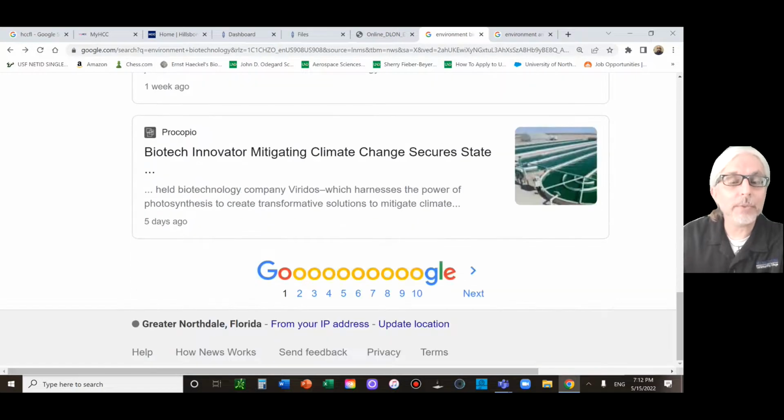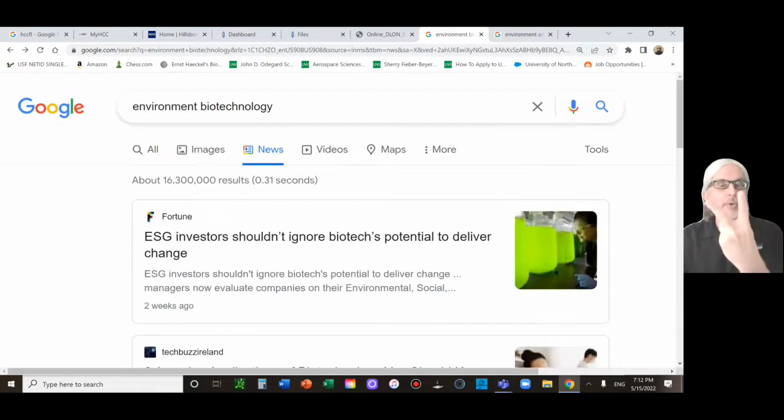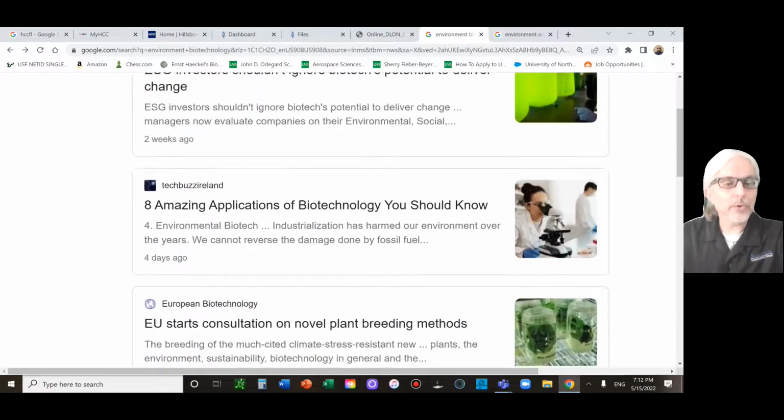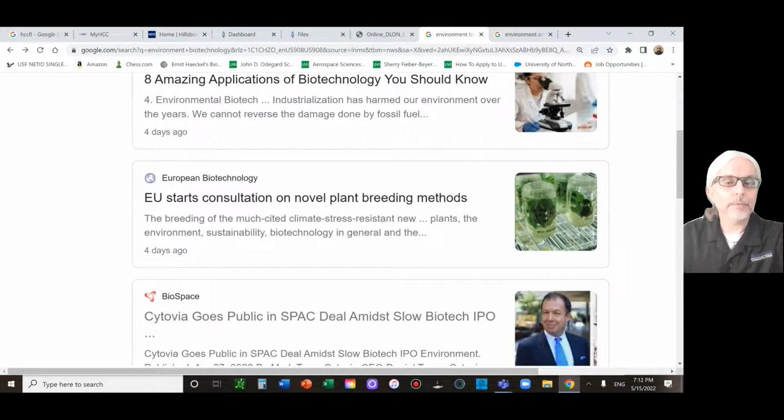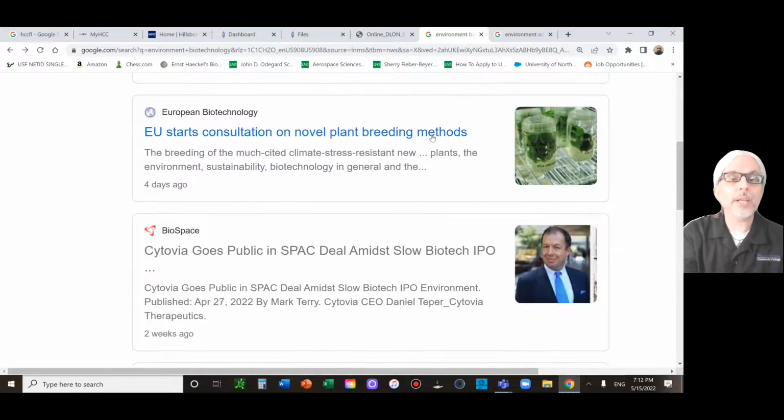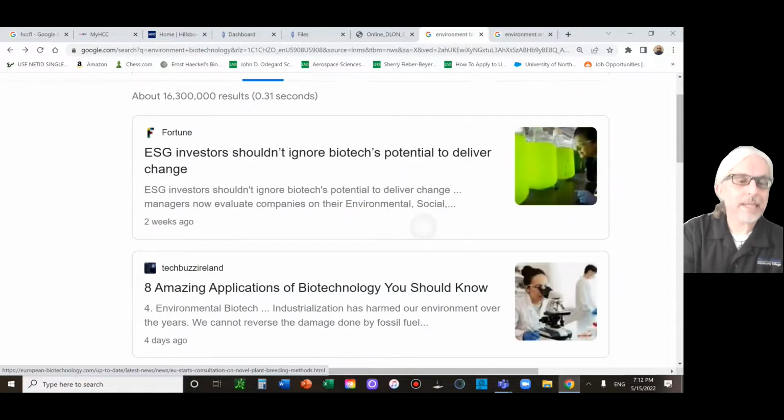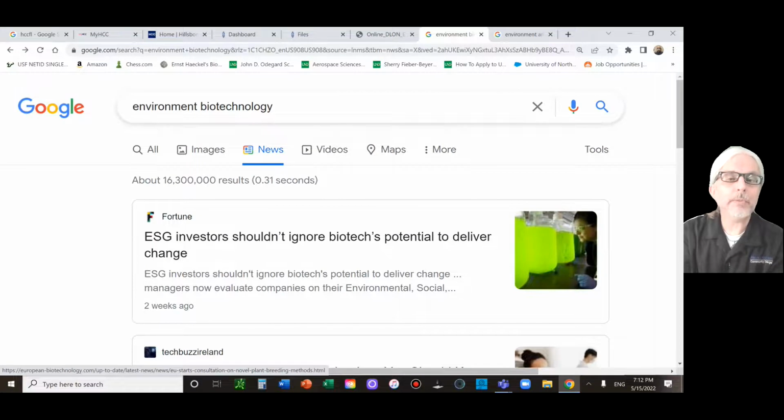It's not hard to find something. Remember, you've got to find two papers that relate to the same thing. So if you choose, I don't know, plant breeding methods and how that relates to the environment, there it is right there in the environment. Great. You just have to find two papers on that. Shouldn't be too hard to do. 16 million results. You should be able to find two papers on it.